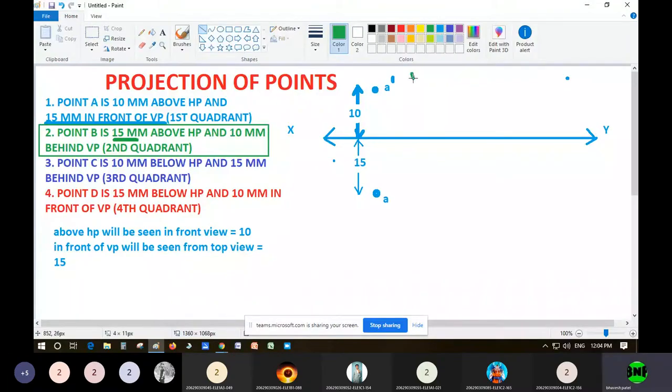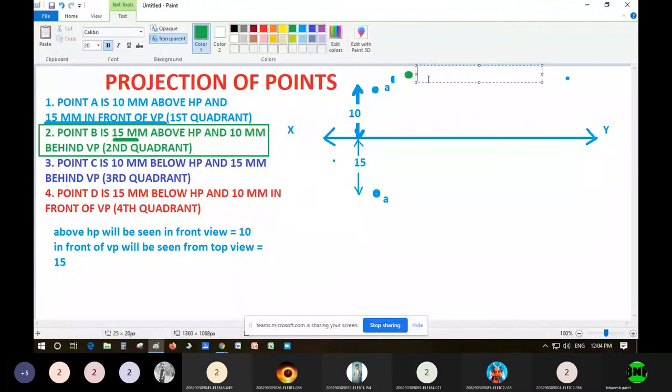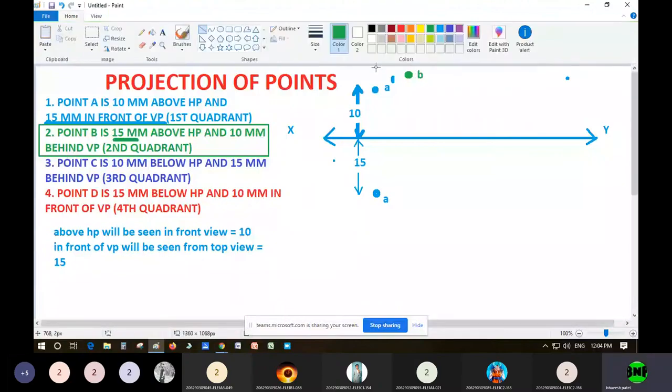Right? Okay, and the name of the point will be B dash, because the point is B, so you have to write the small b dash. The distance you have to show like this, on the side. So this is 15 mm, my dear.